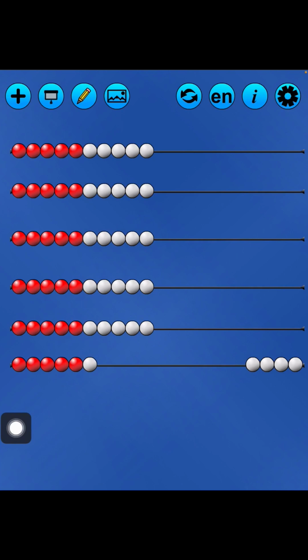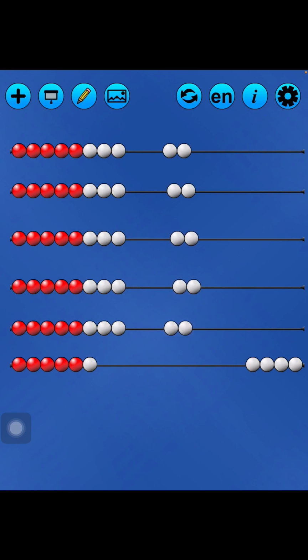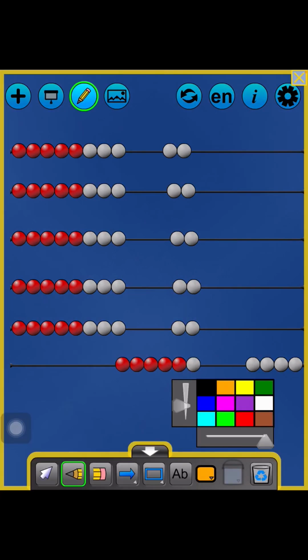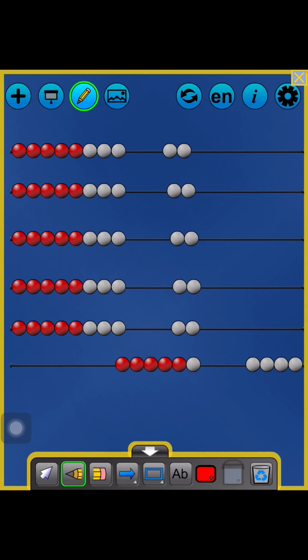Now let's separate them into groups of 8. Each row has 10 beads, therefore we take 2 away, which equals 8. And then we move the remaining 6 to the right. So we have one group of 8, two groups, 3, 4, 5, and then 2, 4, 6, 8 equals 8.